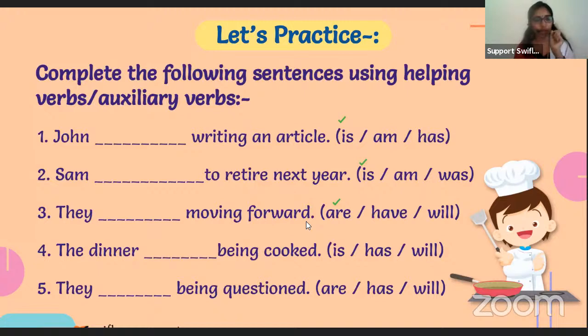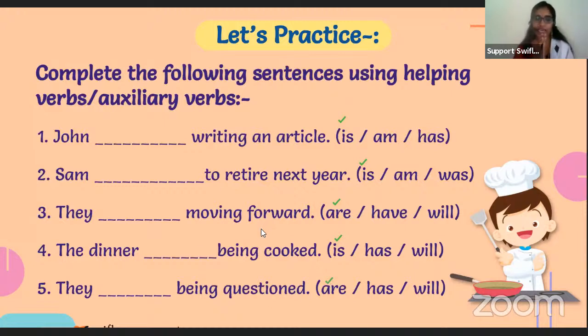They is a plural word, so we use are. The dinner dash being cooked. The dinner is being cooked; has been cooked, will be cooked. The dinner is being cooked. They dash being questioned. They again, so when we have they, we use are. They are being questioned.